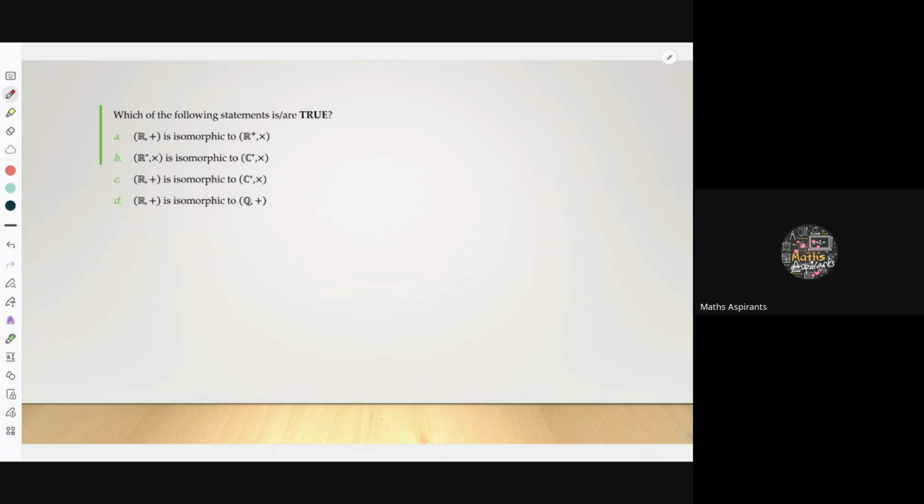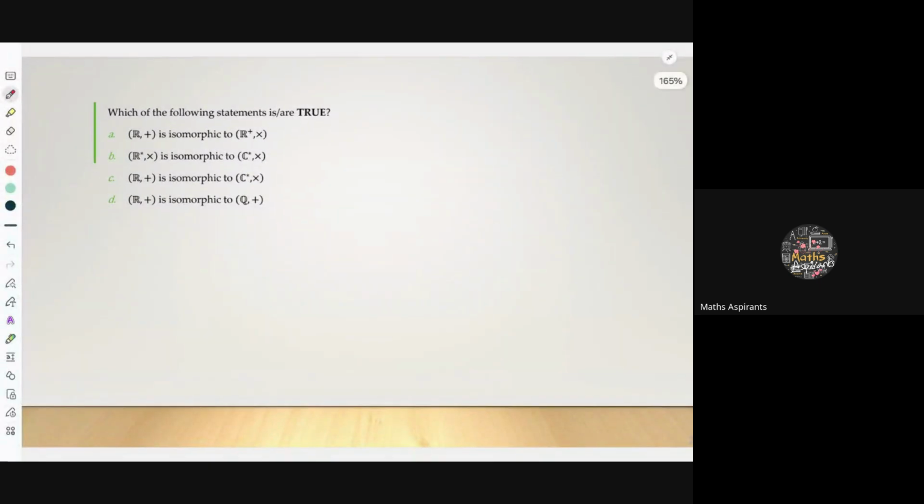So out of these four options, one of the options is obvious. Which one? It's obvious that that statement is not true, and that doesn't have to do anything with group theory. It's basically D. D is not true. Why?